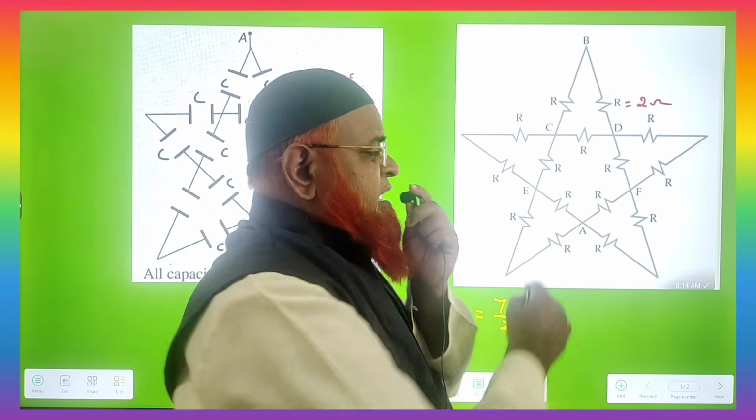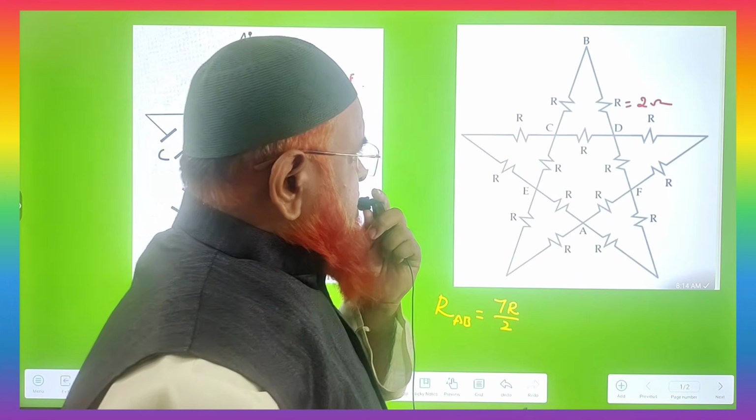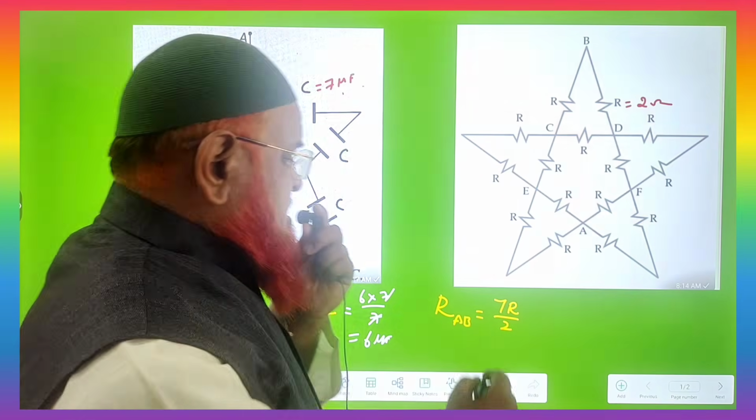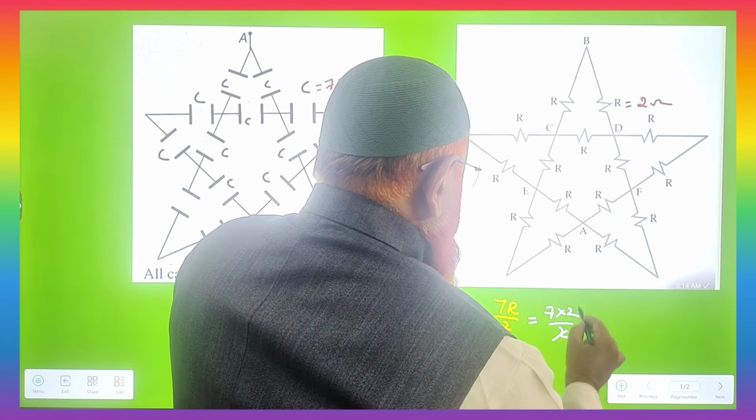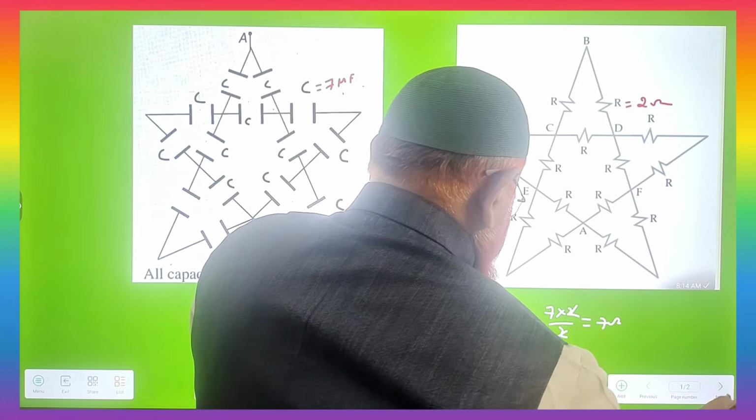For example, here each and every resistance in a star is going to be 2 ohms. Then you can apply a shortcut formula, that is, it is going to be 7 into 2 by 2. Your answer is going to be 7 ohms.